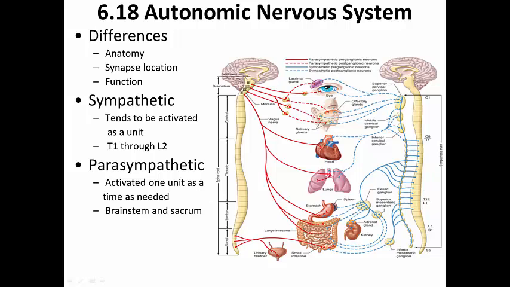Let's compare that to the sympathetic division. In the case of the sympathetic division, what we see is this, that the preganglionic neurons are typically quite short, relatively speaking. And so oftentimes the ganglions are found very close to the spinal cord itself in these rows of ganglions that we refer to as sympathetic trunk ganglia.